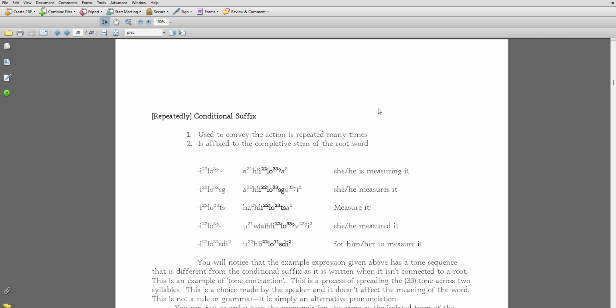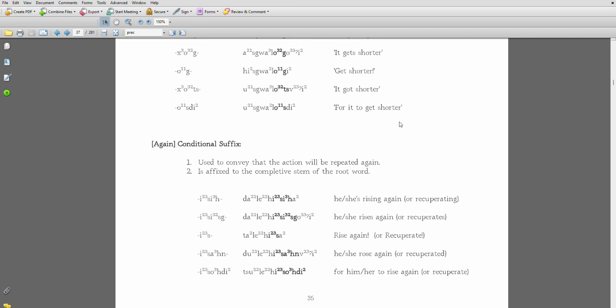So it's been said multiple times previously that, again, in Cherokee and with most expressions, you can give the idea of again with an auxiliary standalone word like siwa, or you can use a tone change on the first vowel of the word, or with the prefix e. Or you can do it this way with the conditional suffix.